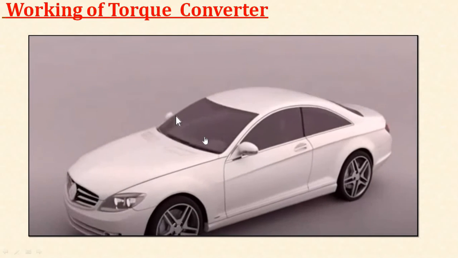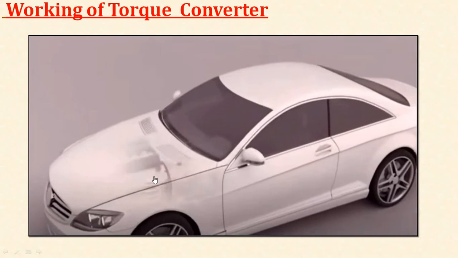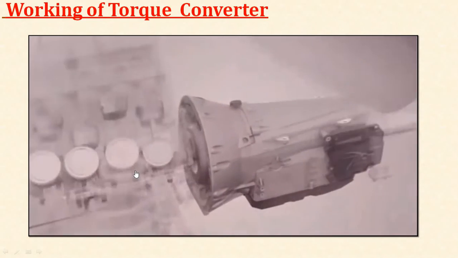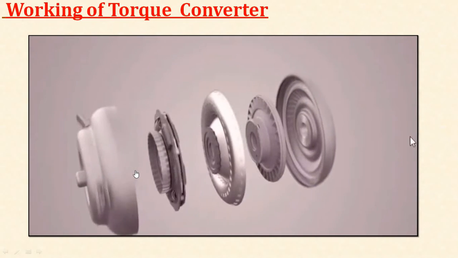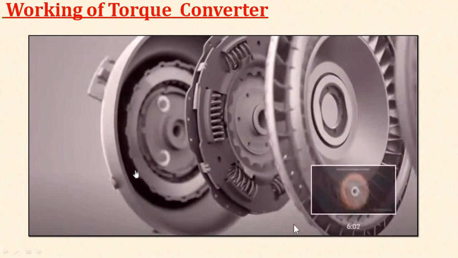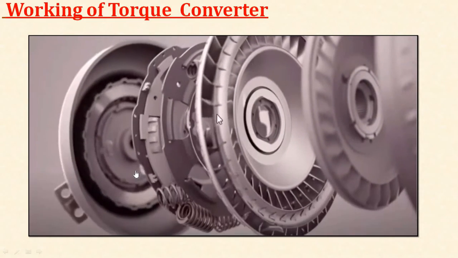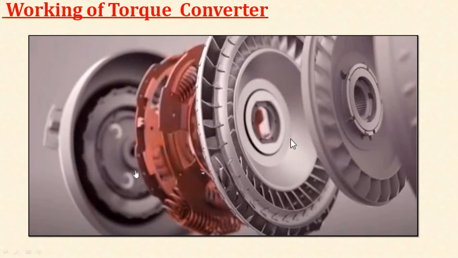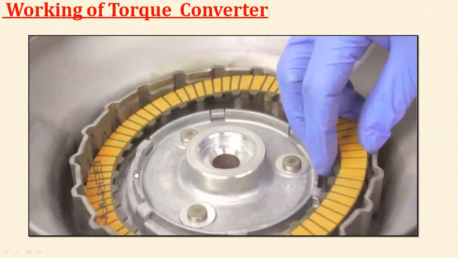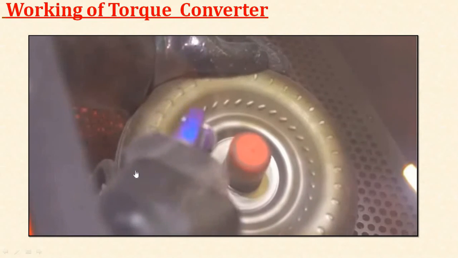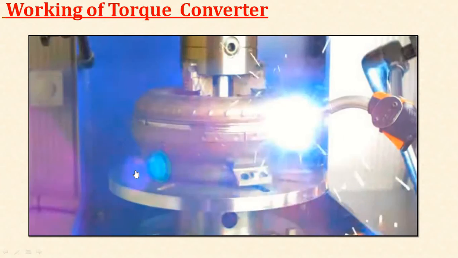When the engine is started, the impeller starts rotating. Initially the oil from the impeller is pushed. The impeller is directly connected to the flywheel. This is the assembly shown in the figure, and welding is done.